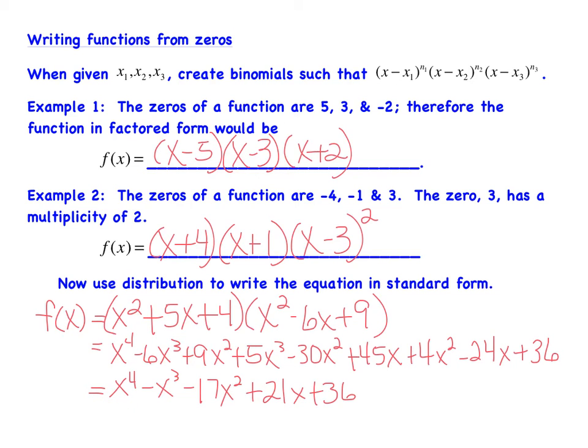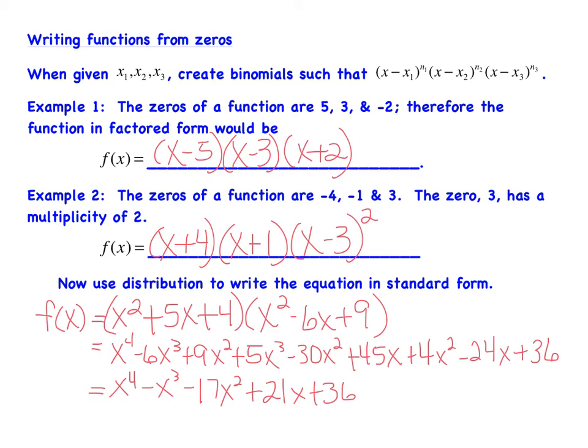I now move to my x to the 3rd power. I have -6x to the 3rd and +5x to the 3rd. Combine those and you have negative x to the third. Next, I move to my squared terms. I have 9x squared minus 30x squared plus 4x squared, and that will be negative 17x squared.